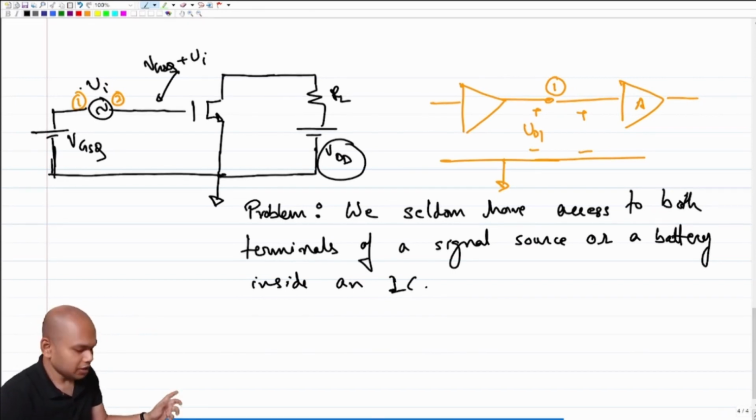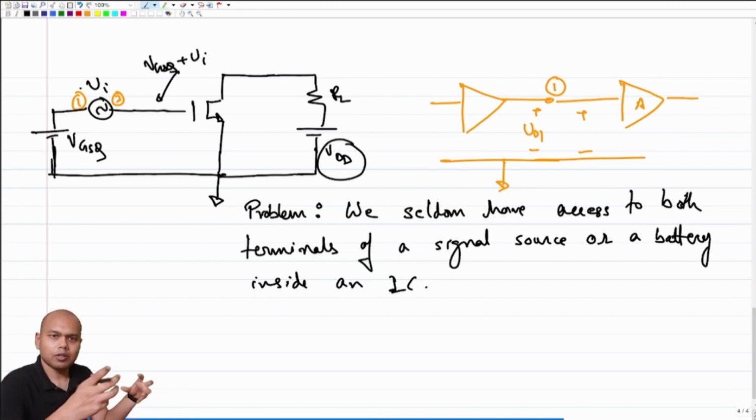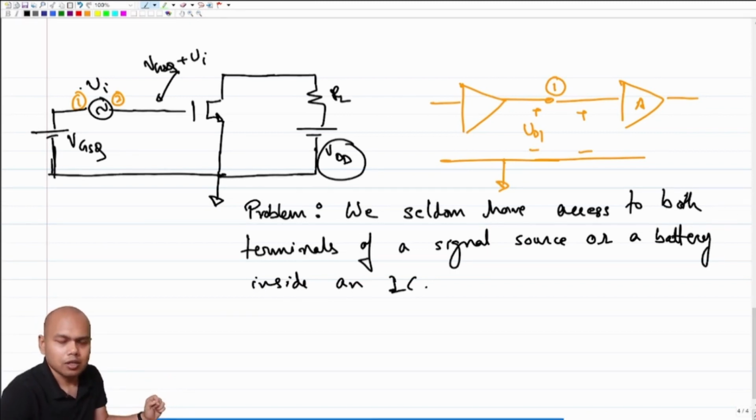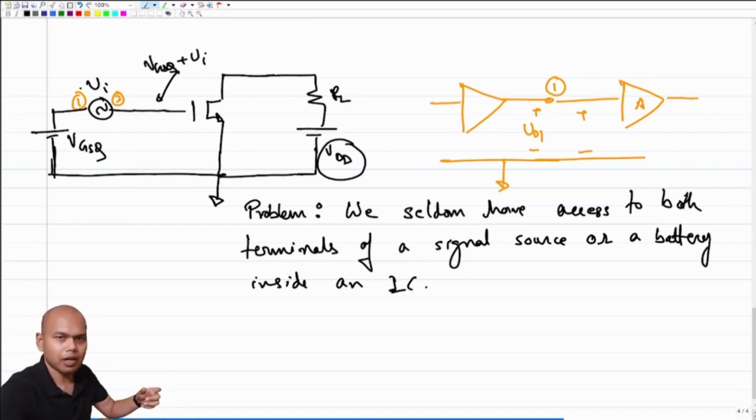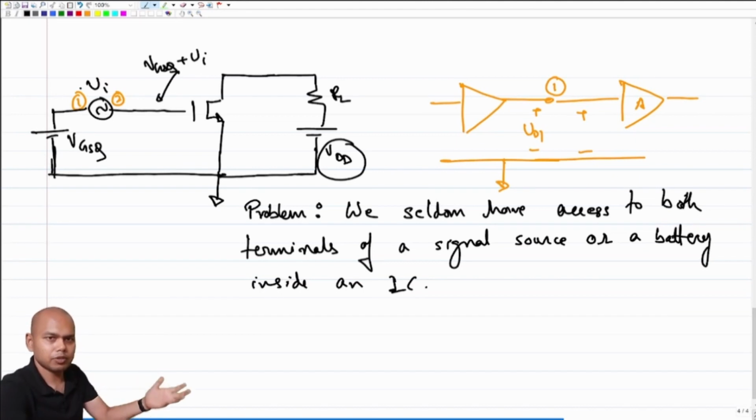Which essentially means that even though in principle you can buy one battery from the market, get another battery from the market and put them in series, you cannot do that in practice when you are building an IC.